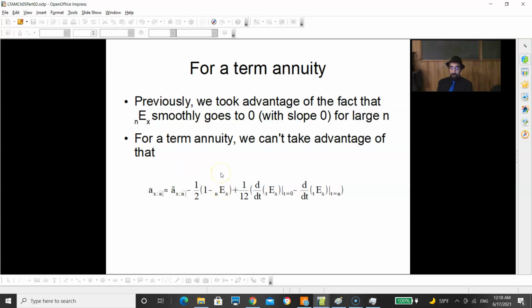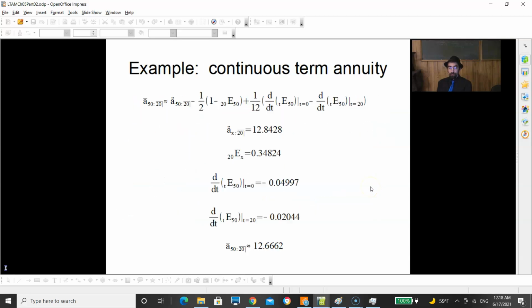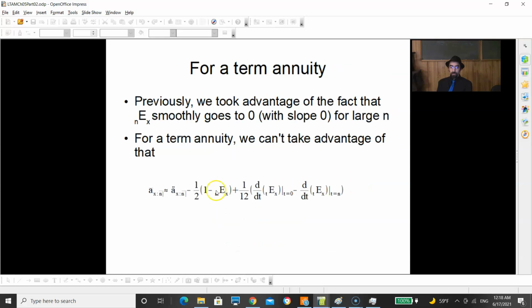We need to say, if I go back to the picture of my Woolhouse staircase, if I'm stopping over here, then the areas of these triangles I'm cutting off are base of 1 and combined heights of 1, that's going to be 0EX minus NEX. So I have 1/2 base times height.